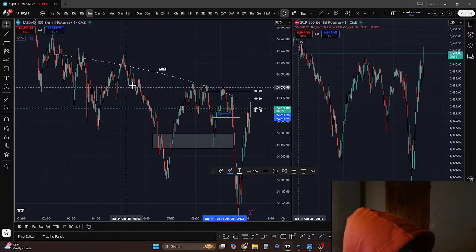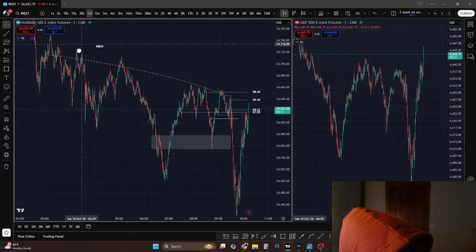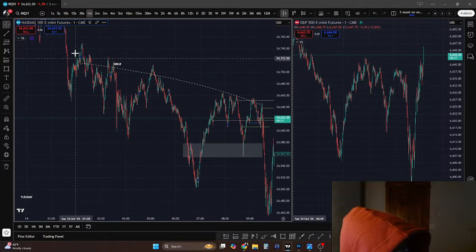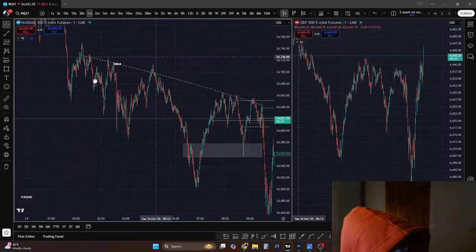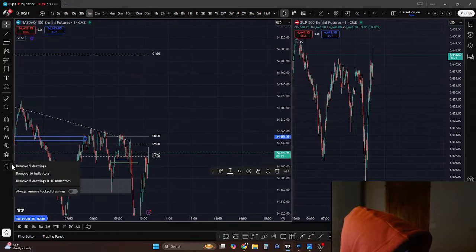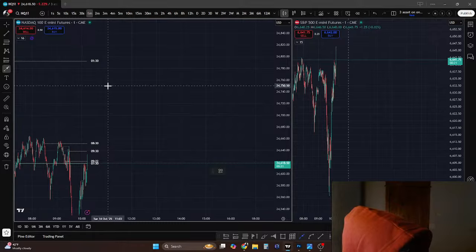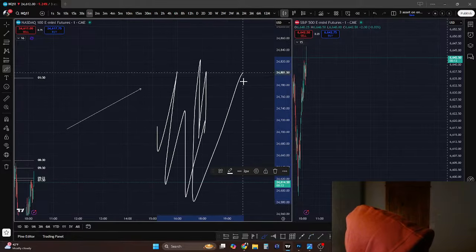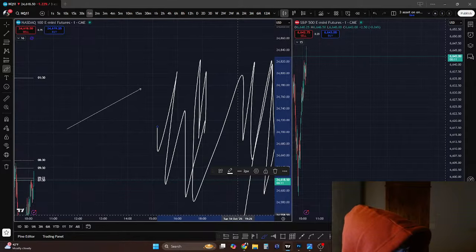But like I said, it was because it was high resistance liquidity. This isn't random price action. Random price action would look like this. Boop, boop, boop, boop. Just random price action would look like this. That's random.